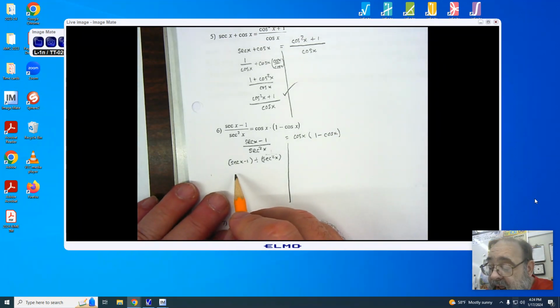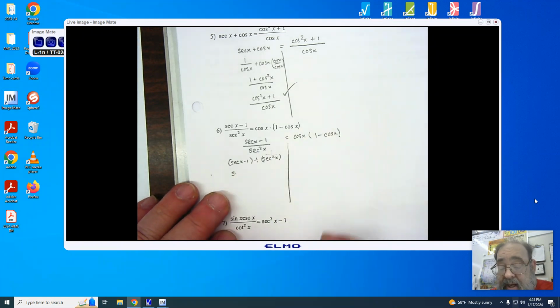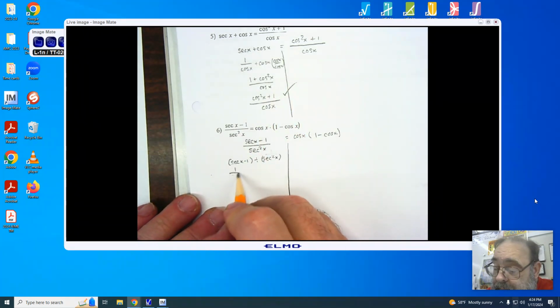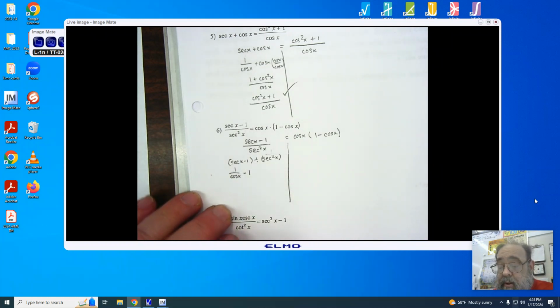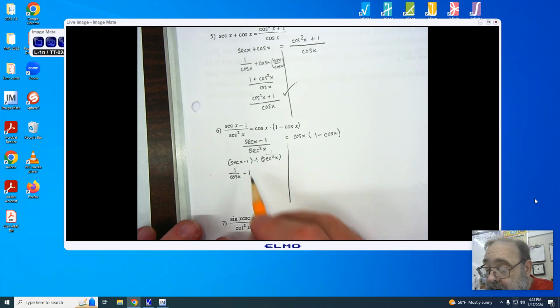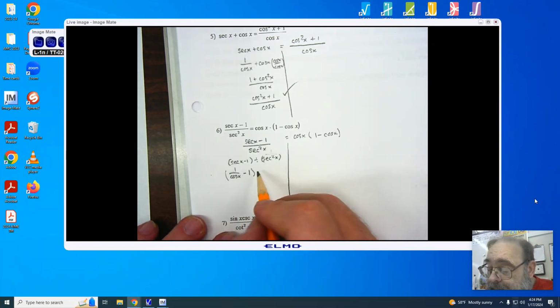This will allow me to now do my substitution, and I can then have the secant x, which I'm going to call 1 over cosine, and I have minus 1, and you'll notice I'm going to want to change that into the common denominator of cosine. We'll do that in the next step.